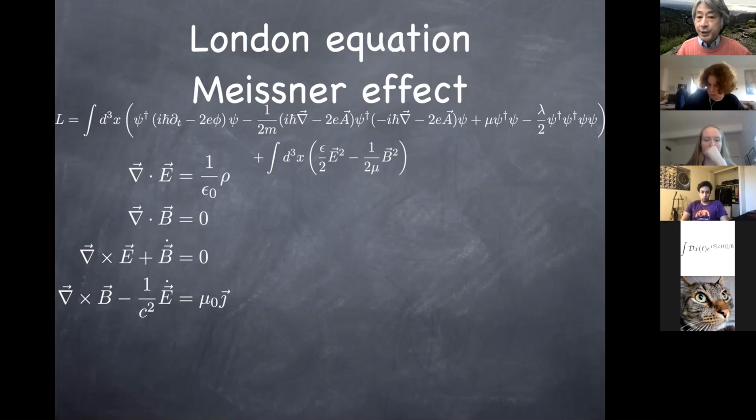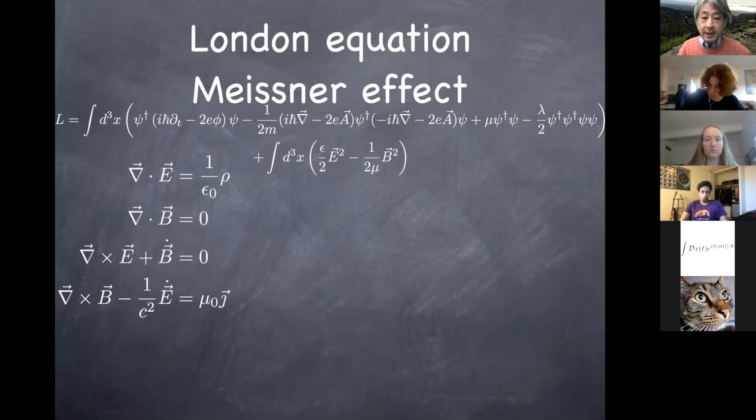You take the variation of this E squared minus B squared with respect to the scalar potential and demand the action is stationary, and that will lead to Gauss's law. If you vary this action with respect to the vector potential, and again demand that the action is stationary, that stationary condition would lead to this last equation of the Maxwell equations.